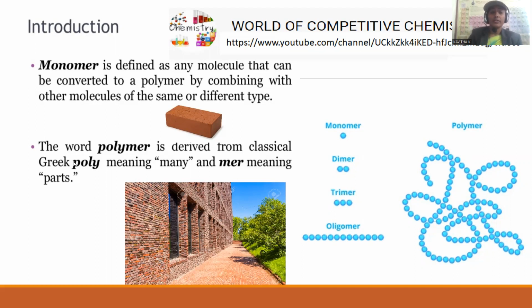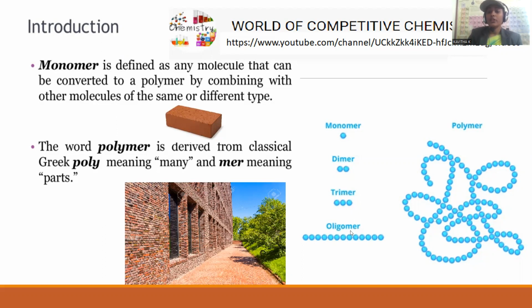Then what is a polymer? The word polymer is derived from classical Greek. Poly means many and mer means repeating parts or repeating units. When such single monomeric units combine, polymer formation is possible. If a monomer is taken as a single unit, two monomers combined is called a dimer. When a dimer is added to another monomer, it is called a trimer, with 3 units.